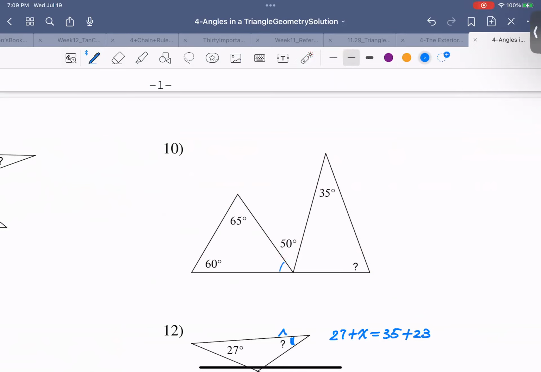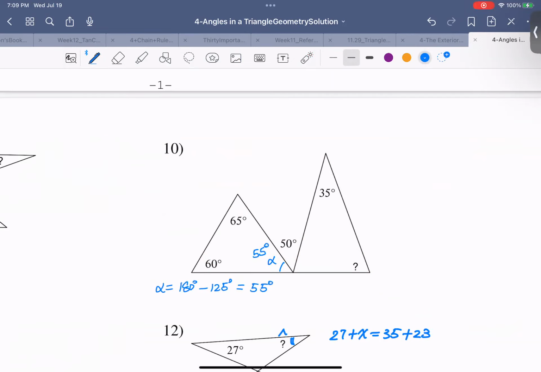So we would do 60 plus 65, which is 125, and 180 minus 125 is 55. Good. 55 degrees. If this is 55 degrees, let's figure out how much will be here.